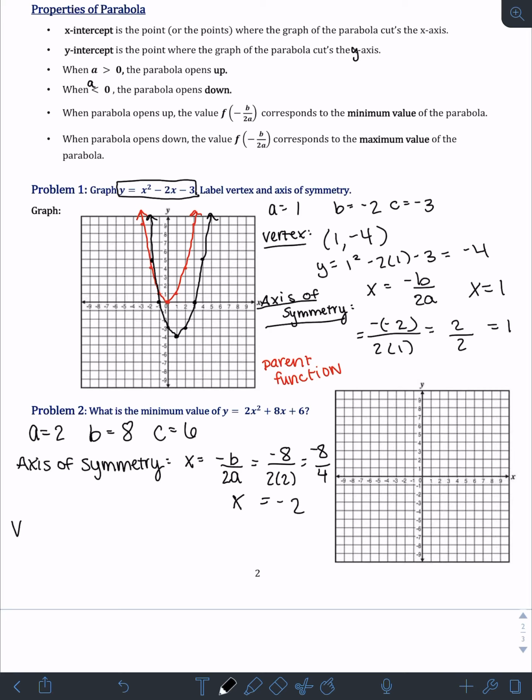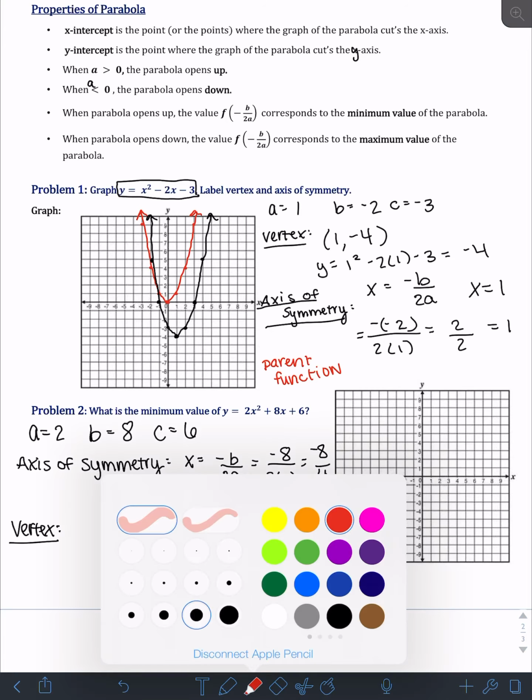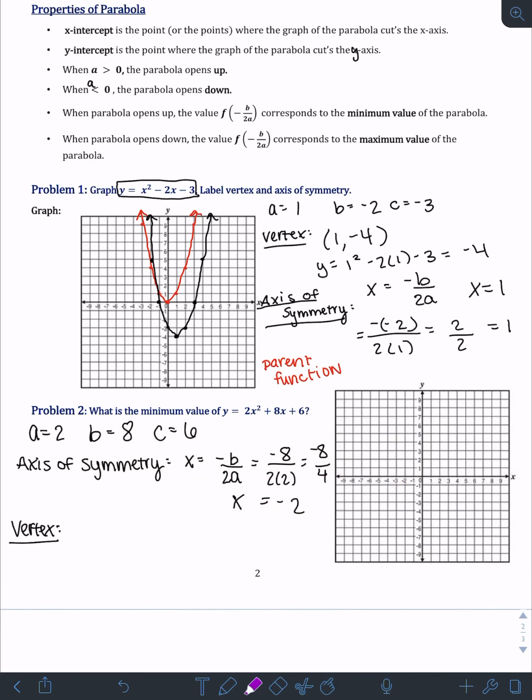So if I find my vertex, and if we look back at the top of our notes here, let's use purple because I like purple. When a parabola opens up, the y value of your vertex corresponds to the minimum value of the parabola. So let's just find our vertex.